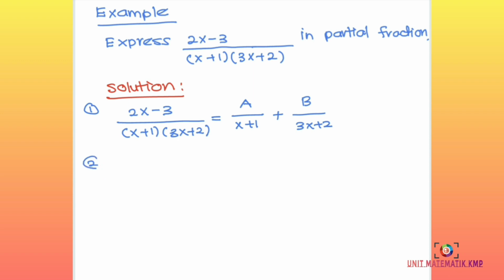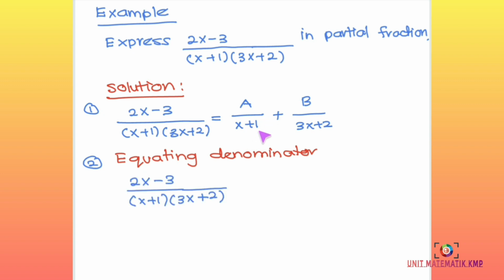Second step, we need to equate the denominators. Our denominator on the right hand side should be equivalent to the denominator on the left hand side. If we check, A already has the denominator of x plus 1, but it does not have 3x plus 2, so A must multiply with 3x plus 2.